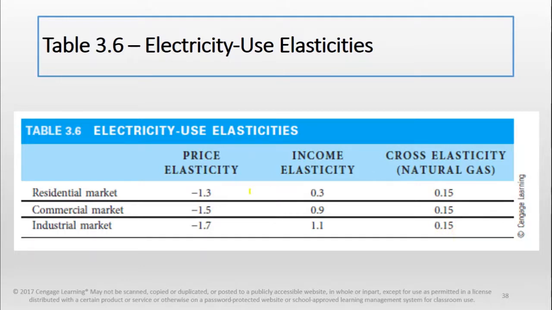So, meaning, electricity and natural gas are substitute goods, since your elasticity is positive. As for income elasticity, of course, the industrial market has a larger income. So it is expected that their income elasticity of demand for electricity is higher, or more elastic.